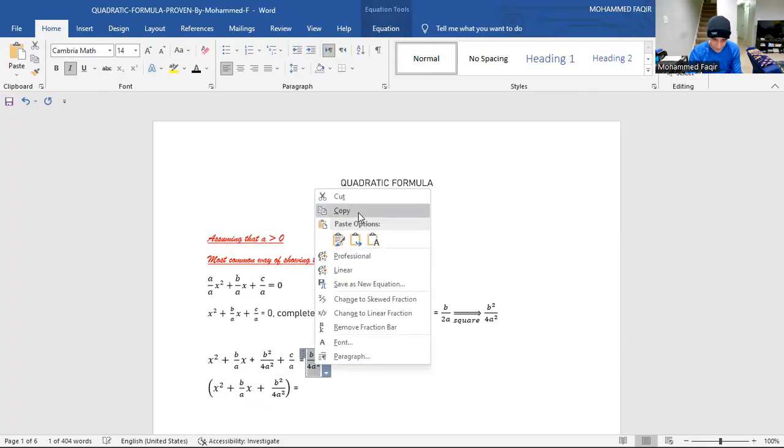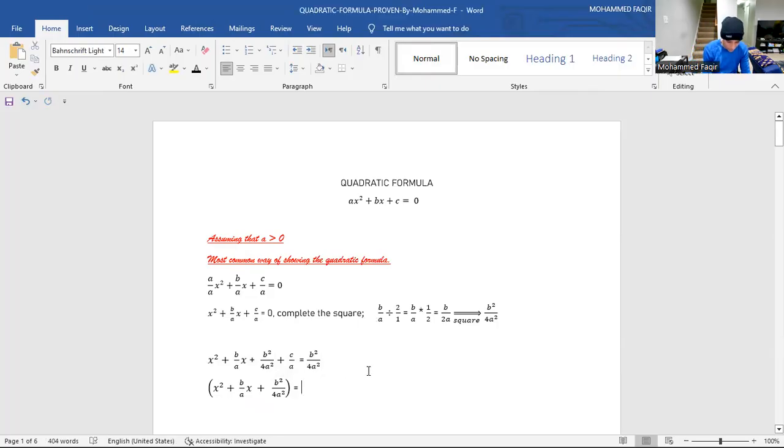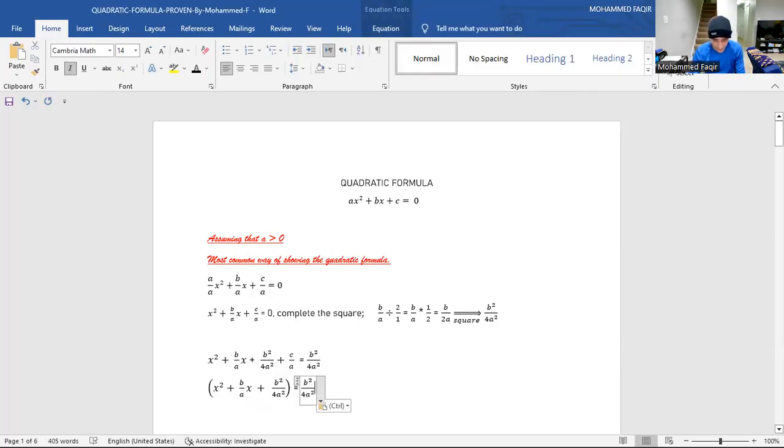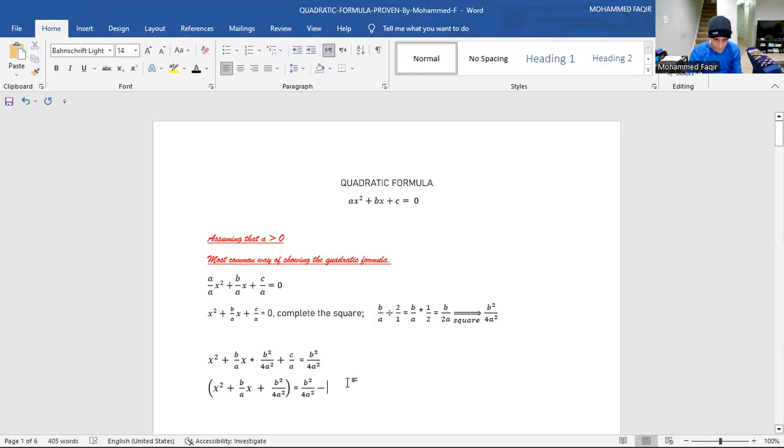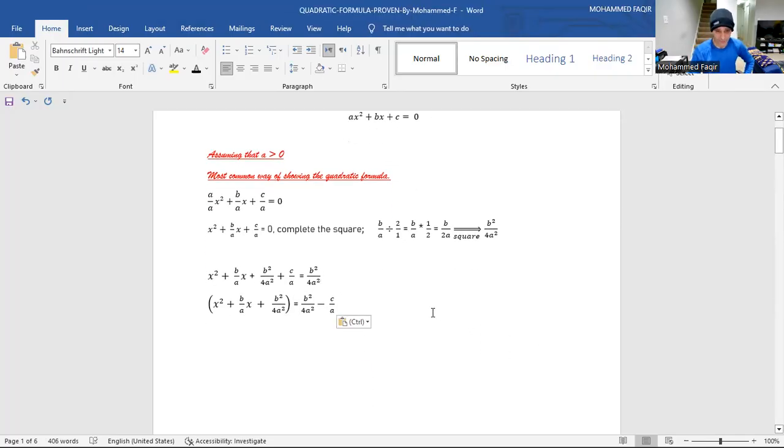You can go ahead and do it on your own. I'm gonna just move it to the right side and change the sign. So that's what it's gonna look like. That's it. So basically we're almost done with the quadratic formula.